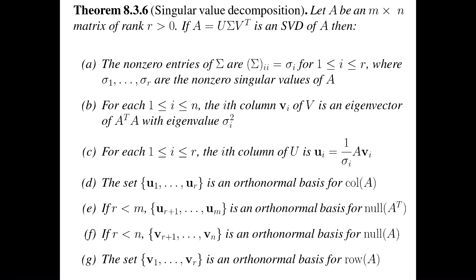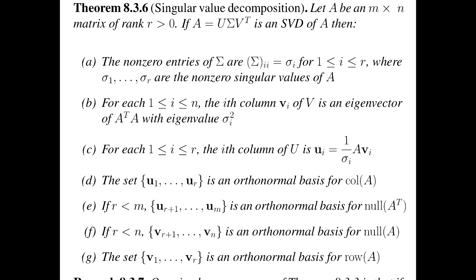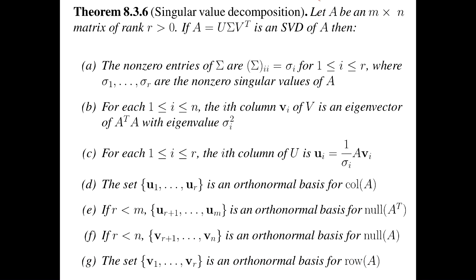Here is a theorem about this SVD. Let A be an m by n matrix of rank R. If you find an SVD like that, which means you find the U, sigma and V, then I can tell you these things.